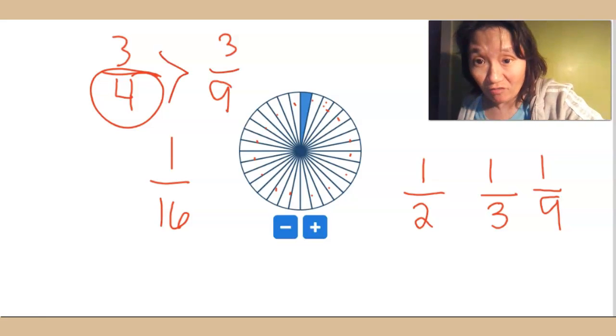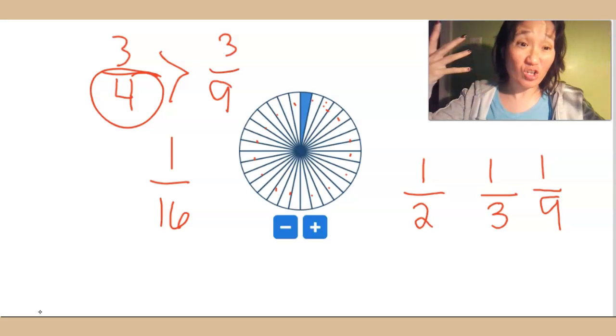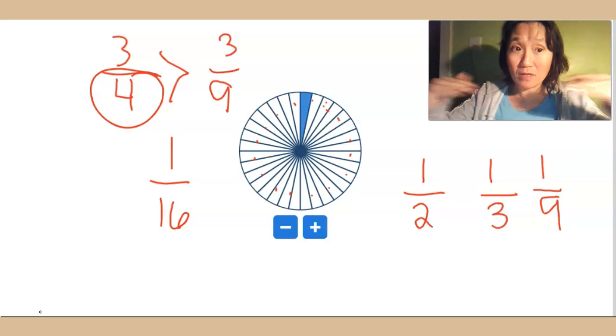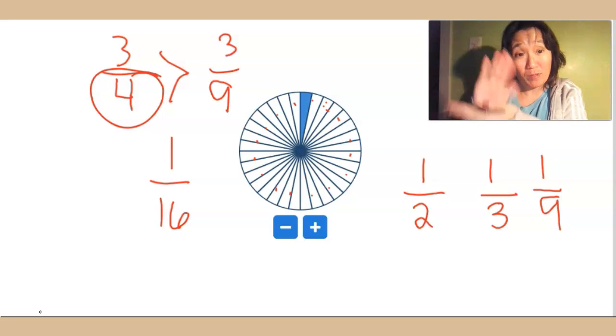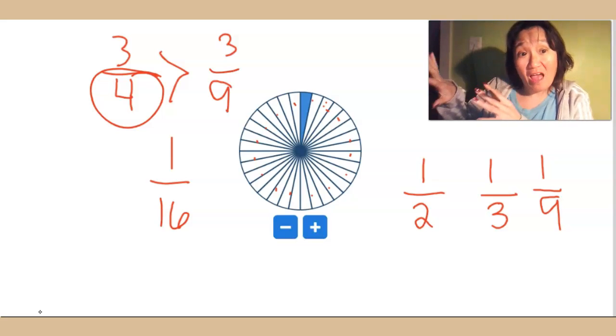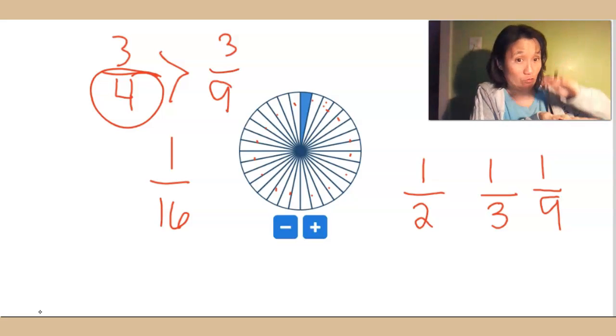So this is the bigger fraction. Okay, so remember, at a party or at looking at fractions, if the numerators are the same, look at the bottom number because that tells you how big your piece is. So the less people you have, the more you have. The more people, the less you have.